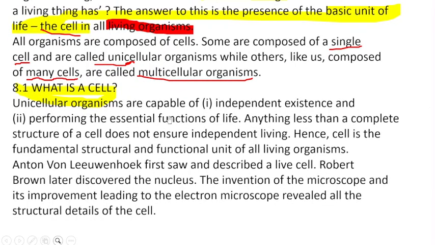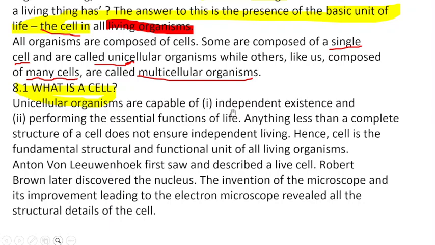Unicellular organisms are capable of independent existence and performing the essential functions of life. Anything less than a complete structure of a cell does not ensure independent living. And hence, the cell is the fundamental structural and functional unit of all living organisms. I hope you have understood this sentence.